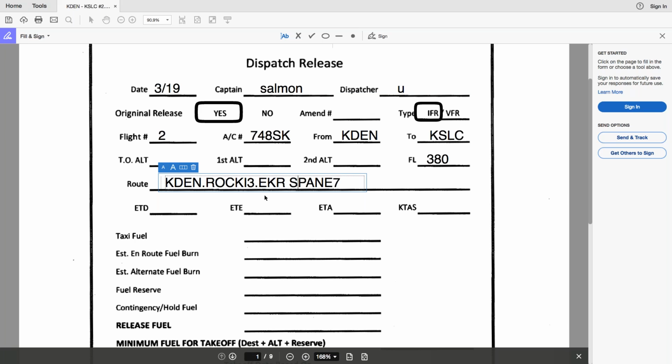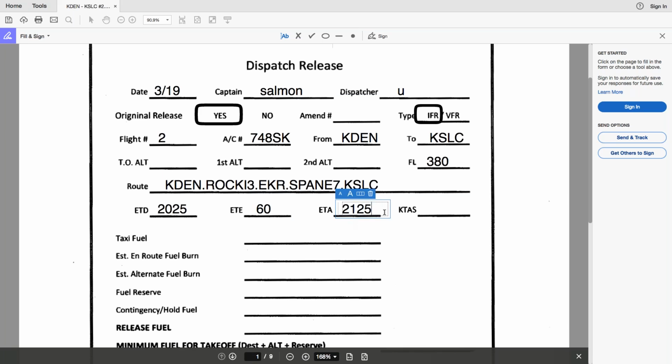Put our little dots between our spots there. KSLC. Estimated time of departure 20:25. Estimated time en route 59.7, right? That's what we figured out. Let's call it 60 minutes. ETA, just for finishing this off, is 21:25. Knots true airspeed, just say 400.